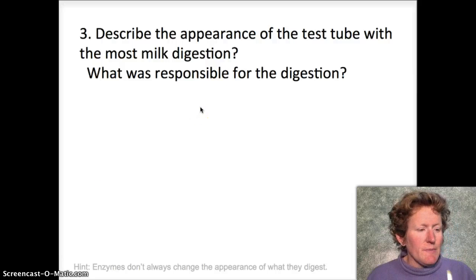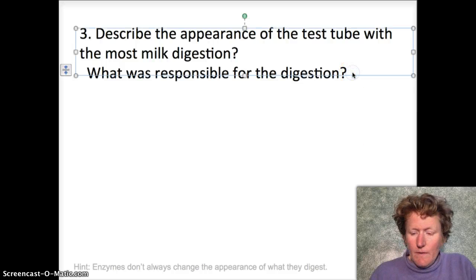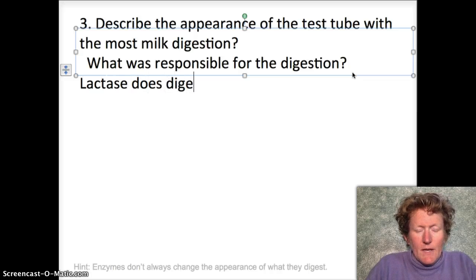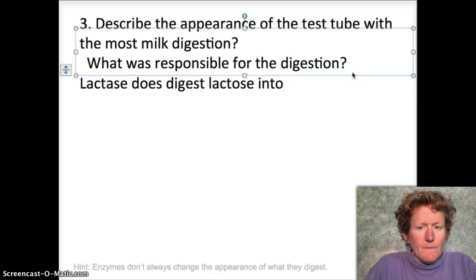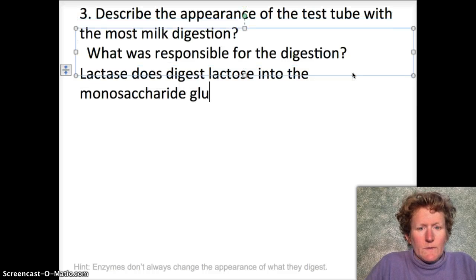What was responsible for the digestion is lactase. Enzymes don't change the appearance of what they digest, but lactase does digest lactose into the monosaccharide glucose.